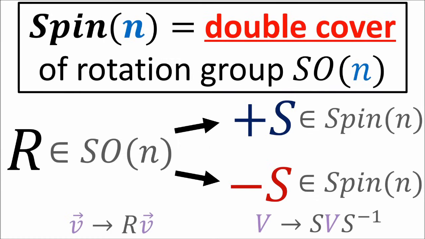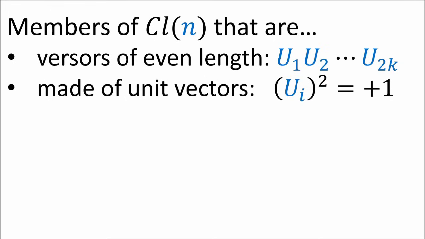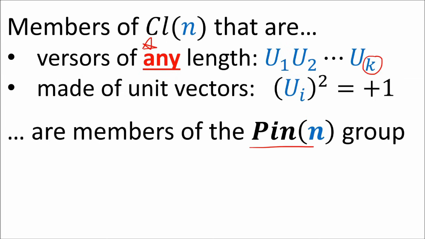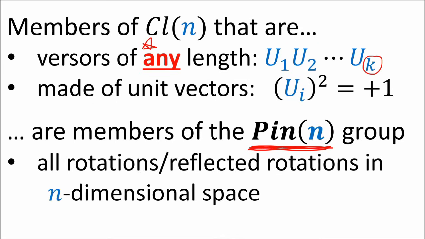If we expand the set to include all versors of both even and odd lengths, made up of unit vectors, we call this the pin n group. This contains all possible rotations and reflected rotations that can be done in n-dimensional space.